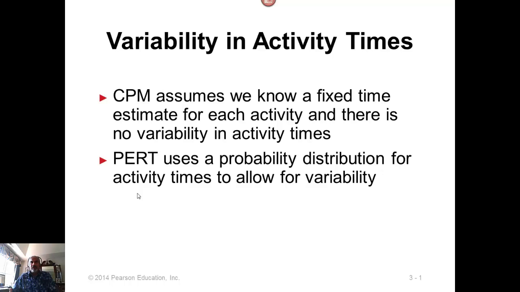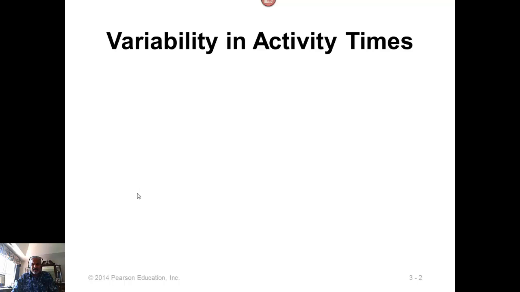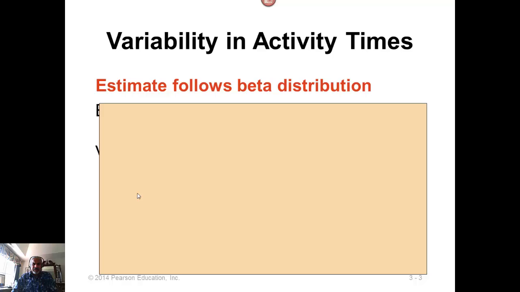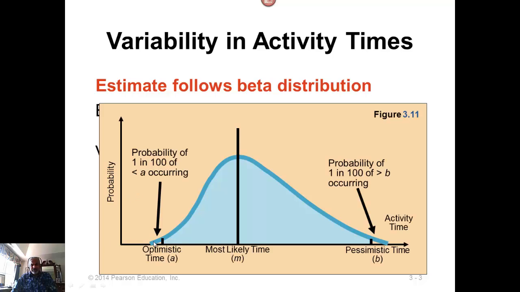It's more like a normal distribution with the upper side tail shifted to the right, something like this. This is called a beta distribution. So it is reasonable to assume that if the activity times are variable, they're going to follow something like a beta distribution.